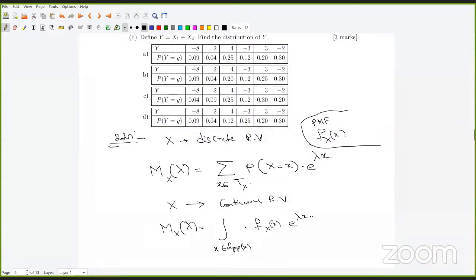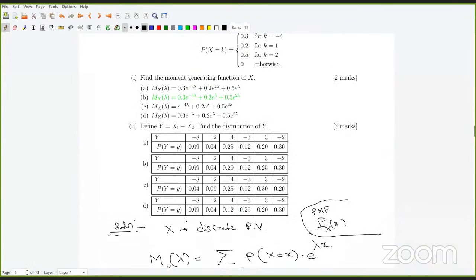Now we have given you only the discrete case, so the continuous formula is not required. Now tell me what the moment generating function will be for this particular case. If this is the PMF, what values can X take? -4, 1 and 2.